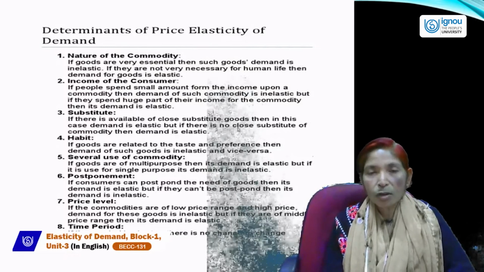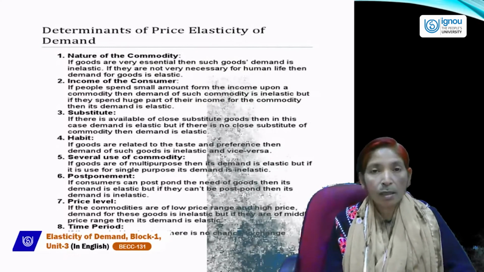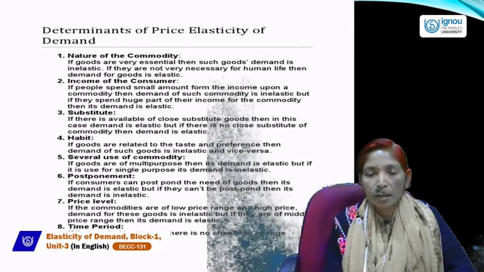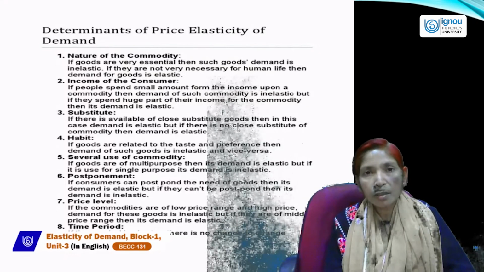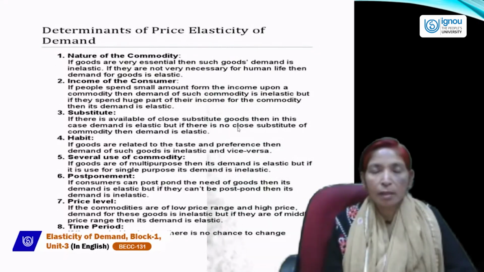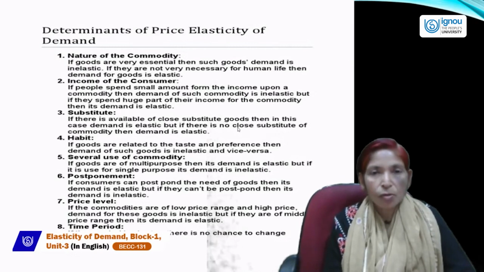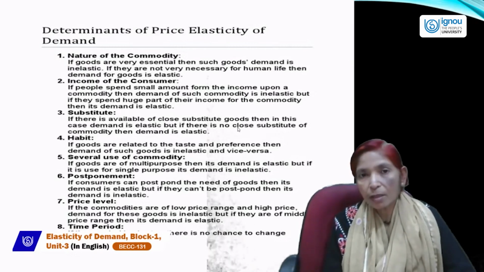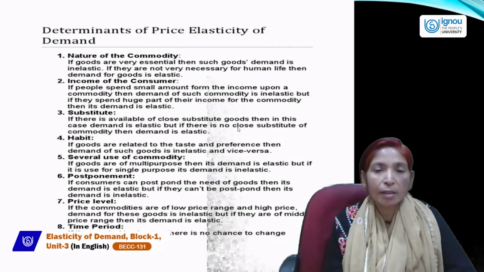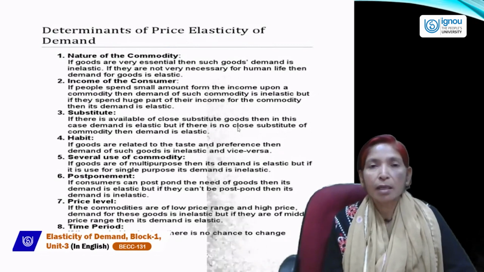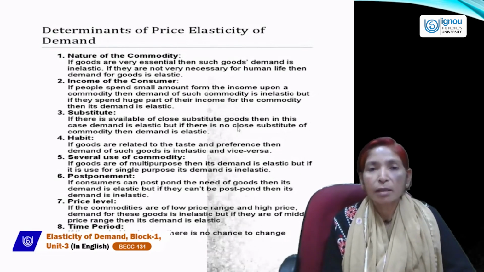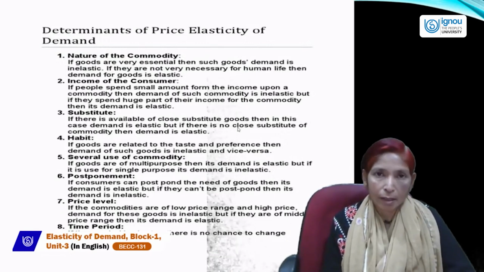Because in case of very rich people, nothing is impossible to buy, and in case of very poor people, nothing is possible to buy. Demand will remain always inelastic. But for middle class people, demand remains always elastic. So at very high price level and at very low price level, demand generally remains inelastic. But if they are of middle price range, then demand will be more elastic.